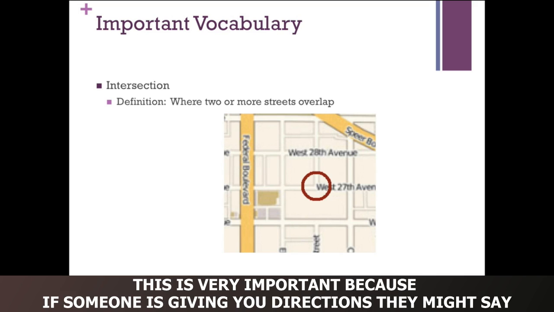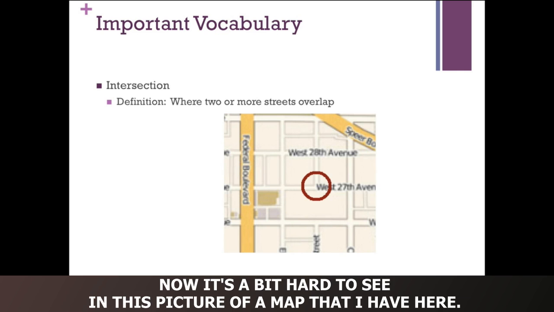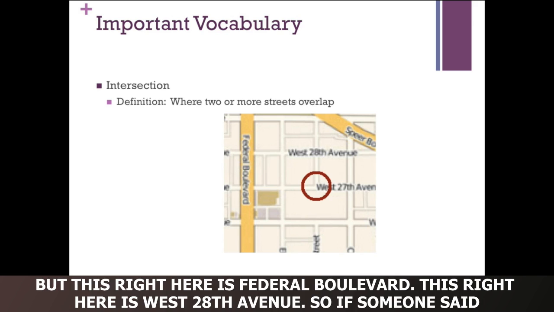This is very important because if someone is giving you directions, they might say, go to the intersection of Federal Boulevard and West 28th Avenue. Now, it's a bit hard to see in this picture of a map that I have here, but this right here is Federal Boulevard.